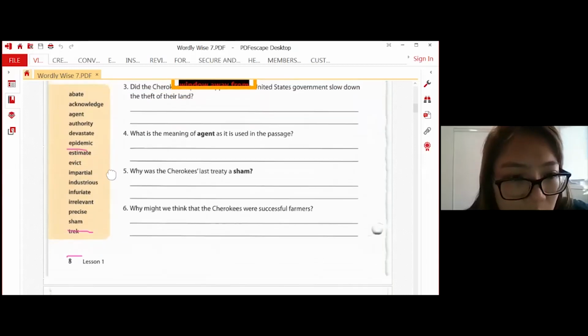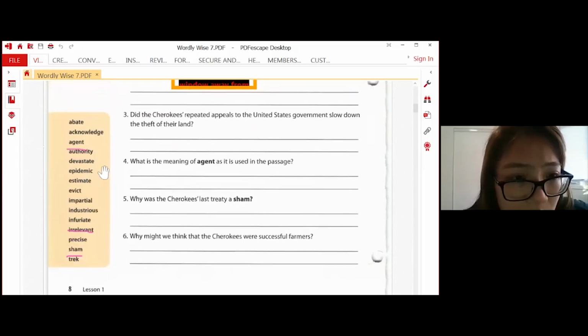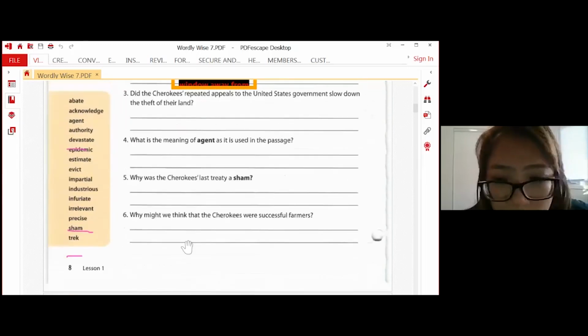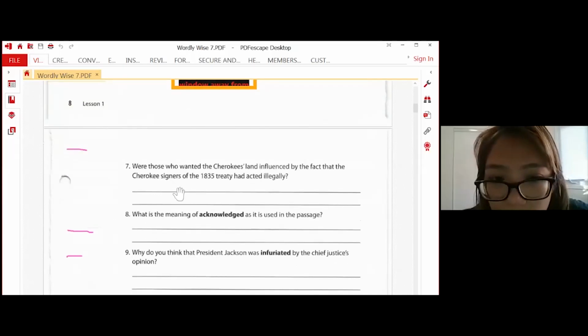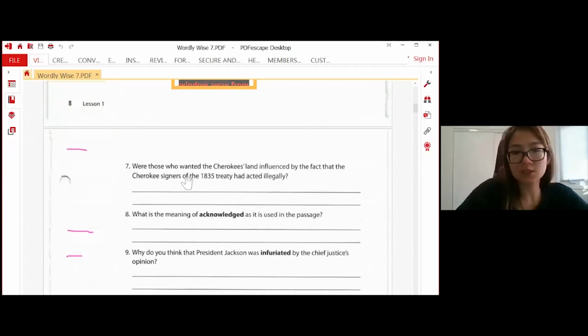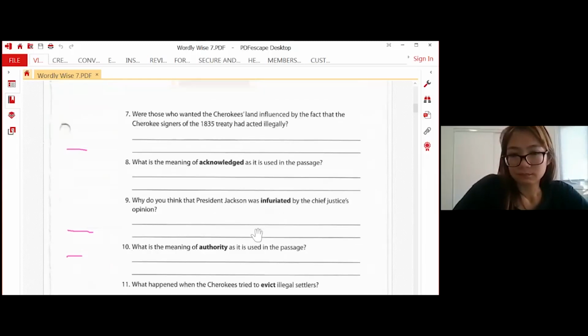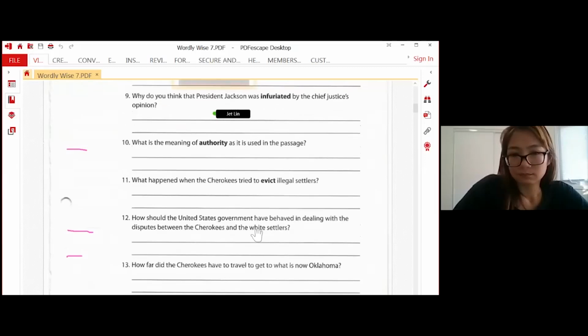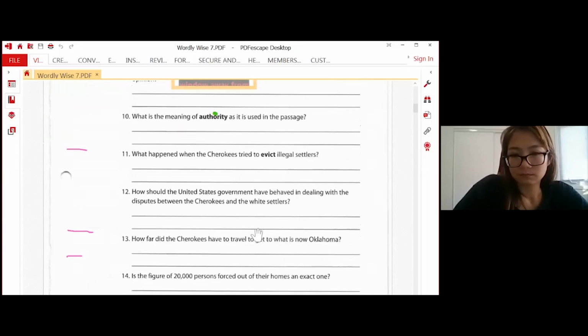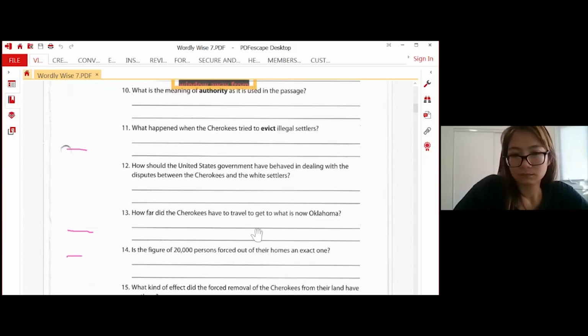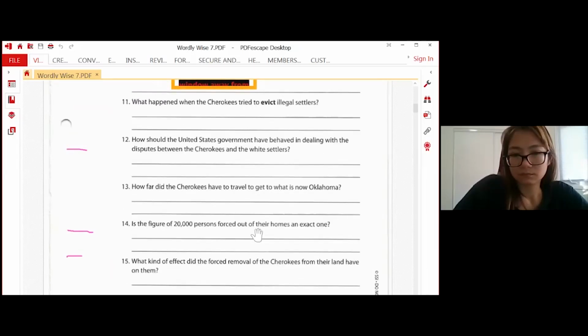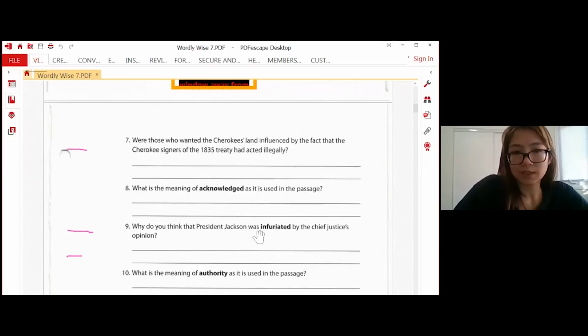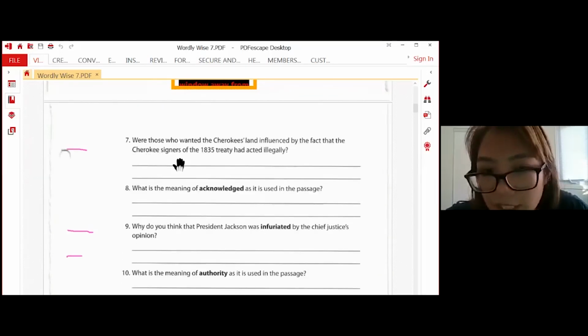Does anybody have any other ideas on this one? I think it's irrelevant. Anybody else? Jet, what did you write for number 7? Do you have any?